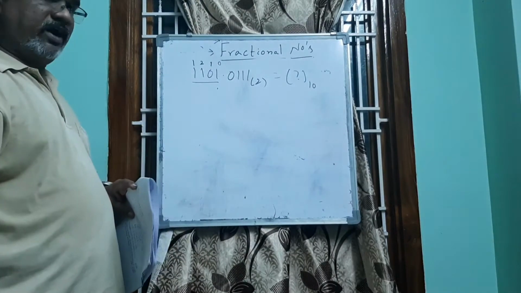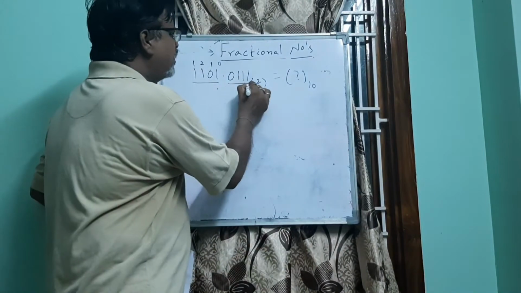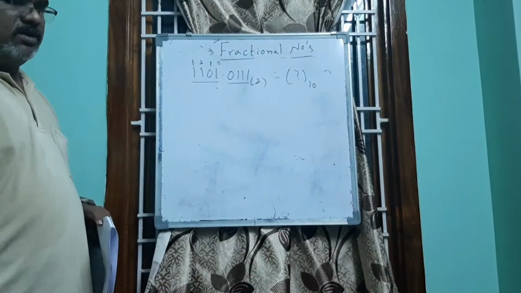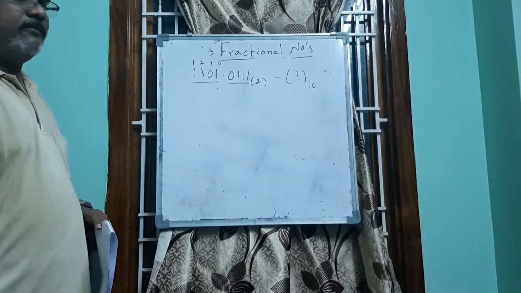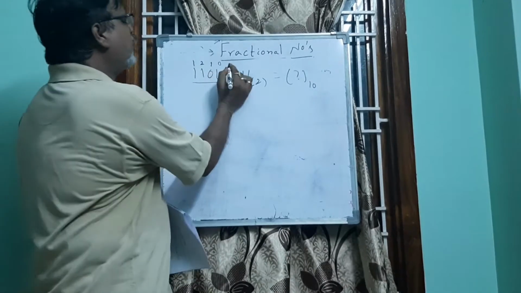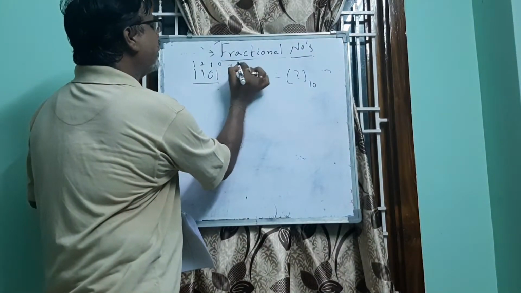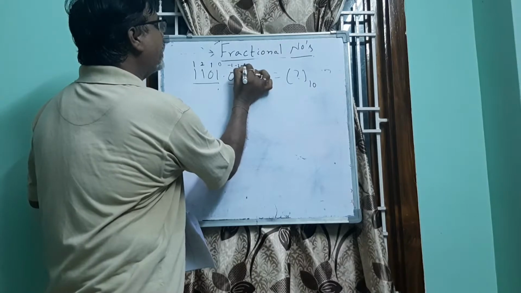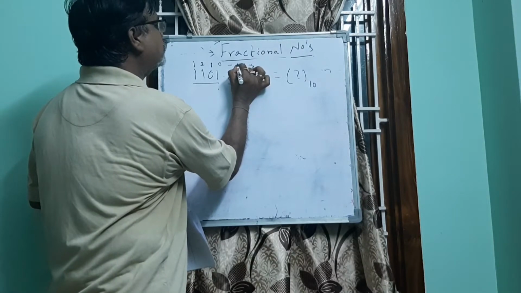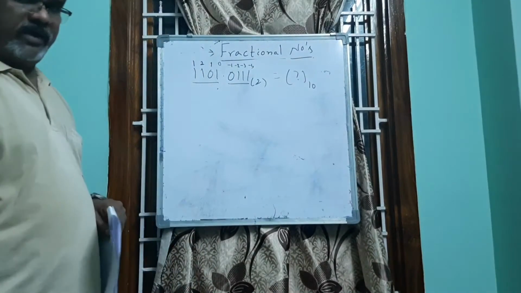After you write the position values, the fractional part is there. To write the fractional part positions, you write -1, -2, -3 and -4.